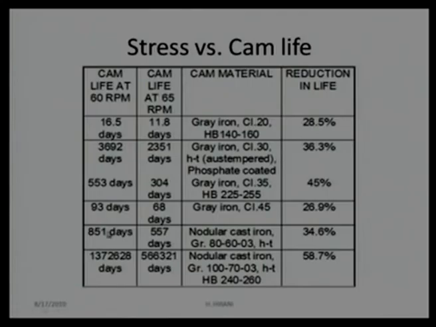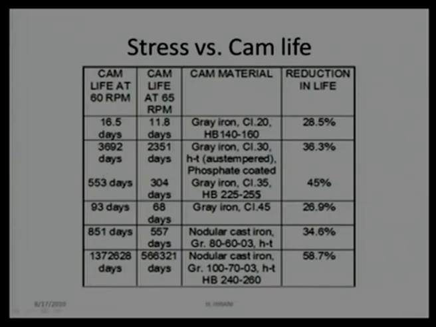Coming to the second material, we can say that it has a more effect. If the speed is increased from 60 to 65 rpm, the number of days of useful life is reduced from this 3700 days to roughly 2300, much lesser than 50%, and overall reduction in life is coming around 36.3%.